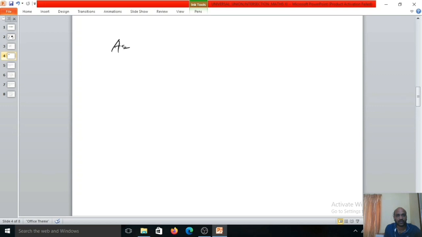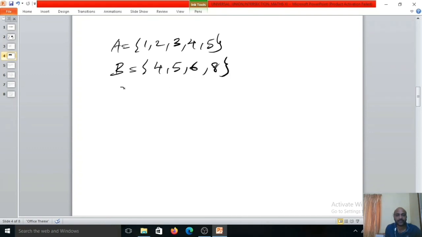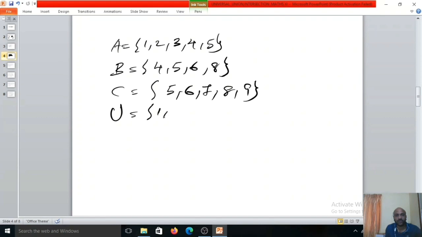Suppose A equal to set 1 2 3 4 5 and B equal to another set 4 5 6 8 and C equal to a third set consisting of 5 6 7 8 9 and U equal to 1 2 3 4 5 6 7 8 9 10.